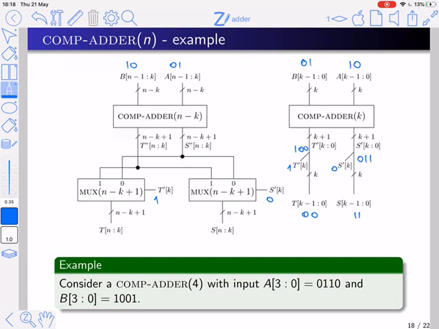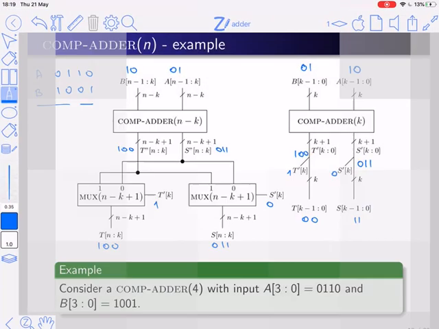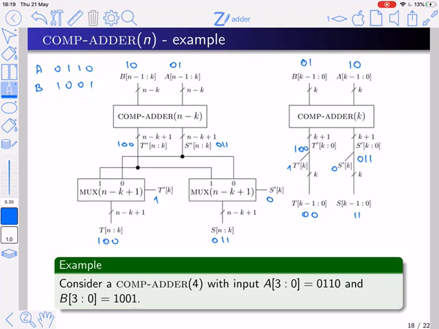Let's perform the addition that Bob does. It's basically the same addition, right? So here it will be 0, 1, 1, and here it will be 1, 0, 0. Now, here I select the 0 input, so this will be 0, 1, 1. And here I select the 1 input, so this will be 1, 0, 0. So, if I input A, which is 0, 1, 1, 0, and B, which is 1, 0, 0, 1, here we go.